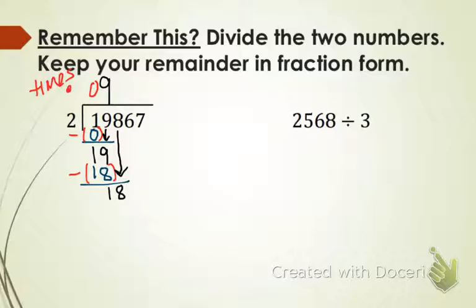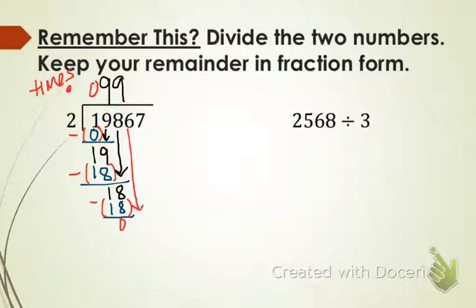And we do the same process. 2 times what can give us an 18? The answer is 9. Again, 2 times 9 is 18, so an 18 goes here, and again you subtract the two numbers. 18 minus 18 is 0.